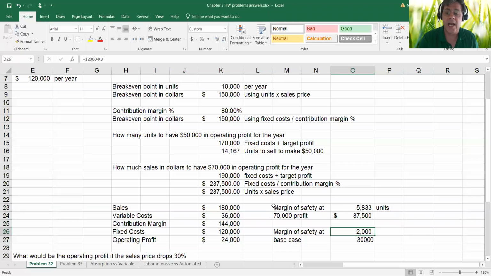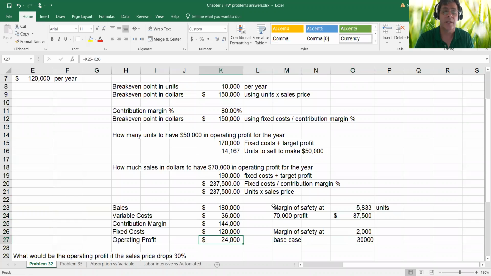If you thought of it as a margin of safety based on the base case, the 12,000, since the break-even point is 10,000, we're 2,000 over the break-even point, or $30,000 in sales over the break-even point. So depending on how you read the question, you don't necessarily need to correct it. As long as you did one or the other correctly, then you're good.